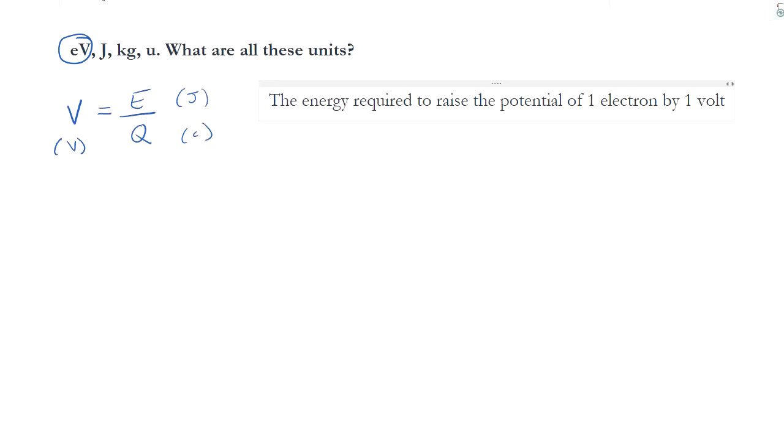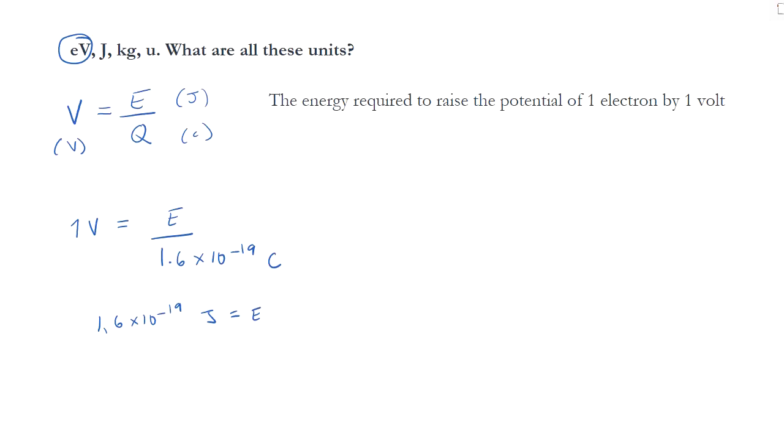But maybe the equations will be clear. So you have 1 volt. What's the energy required to raise 1 electron? The charge on an electron is 1.6 times 10 to the negative 19 coulombs. So if you rearrange this, you can see that the energy required would just be 1.6 times 10 to the negative 19 joules.